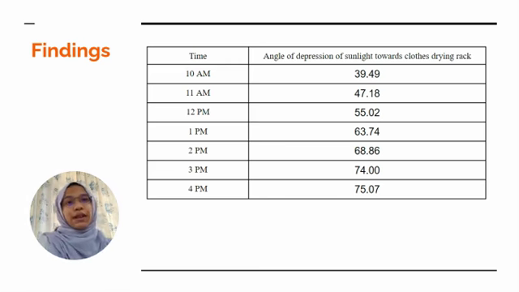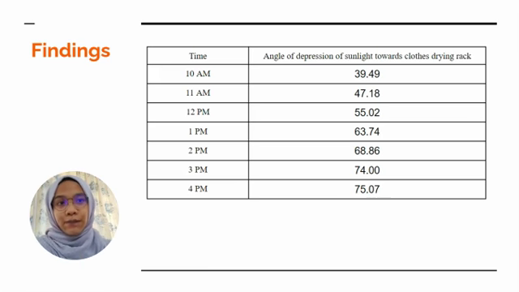And so at 12 p.m., the shadow length was decreasing, and it is 105 centimeter. And using the calculation, we got 55.02 degrees.